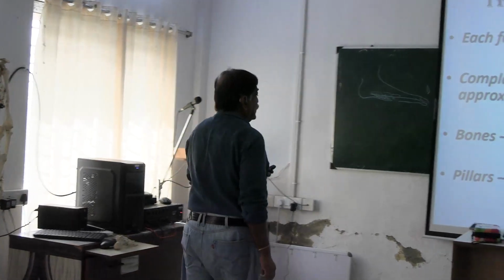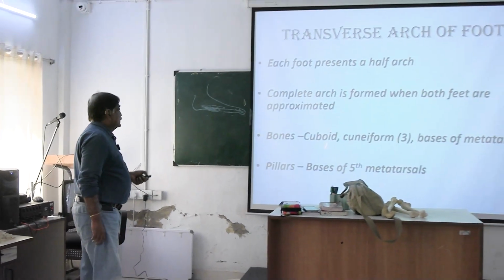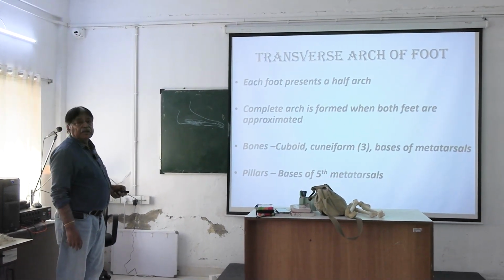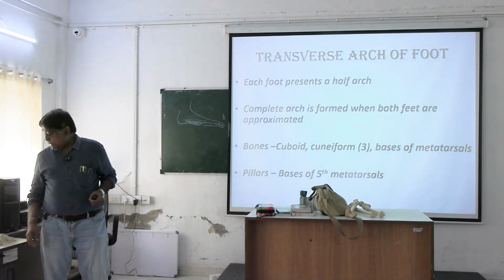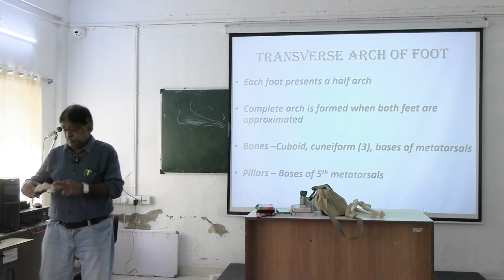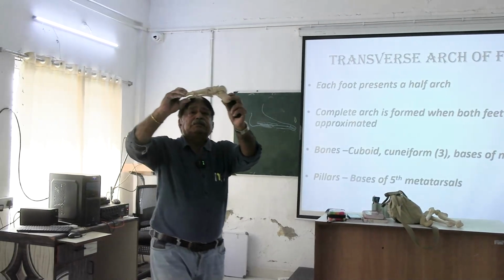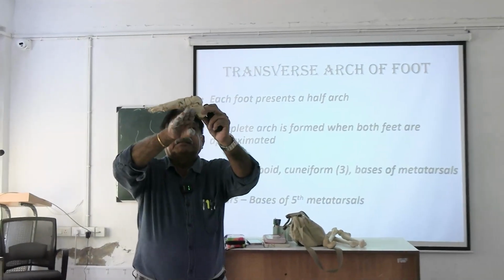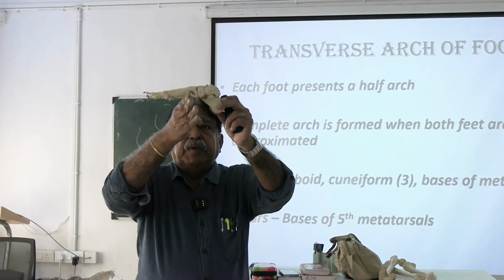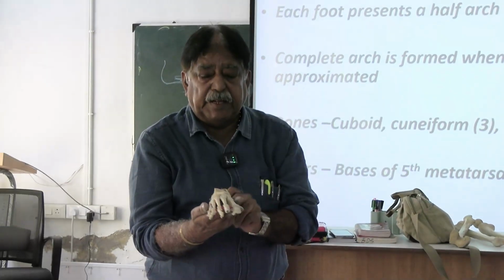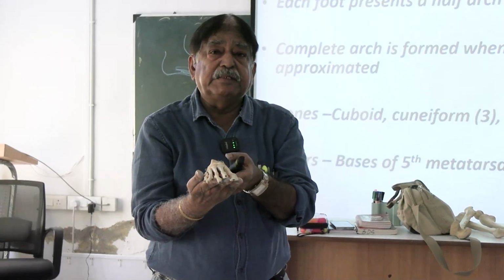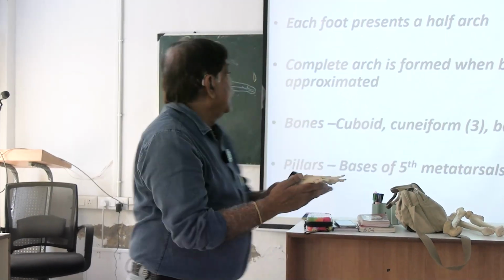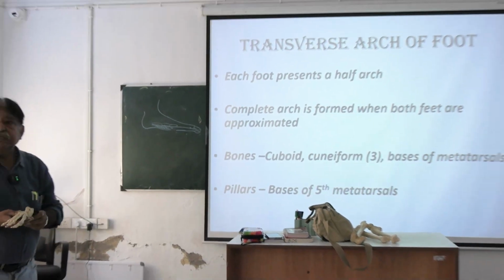Now the pillars: the bases of the fifth metatarsal bones. See, it is like this, like this. When the base is put in my hand like this, then the base of the fifth metatarsal is the pillar.